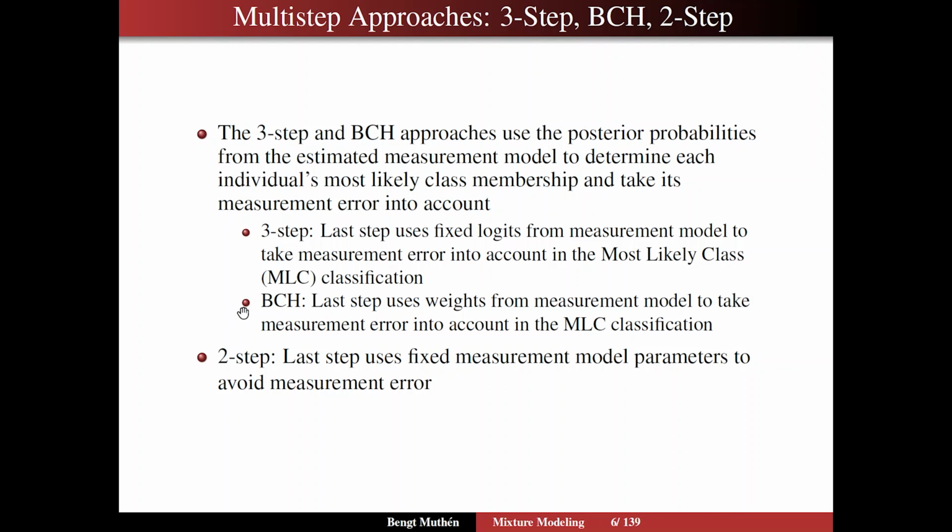In the BCH approach, the last step instead uses weights from the measurement model to take measurement error into account in this most likely class classification. 2-step, the third approach, takes a totally different tack. It uses fixed measurement model parameters in the last step, fixing the measurement model from the first step and thereby avoiding measurement error and keeping the classes the same between the 2 steps.